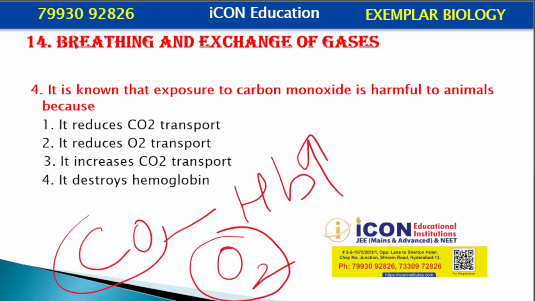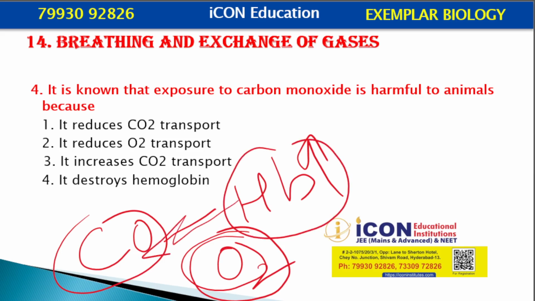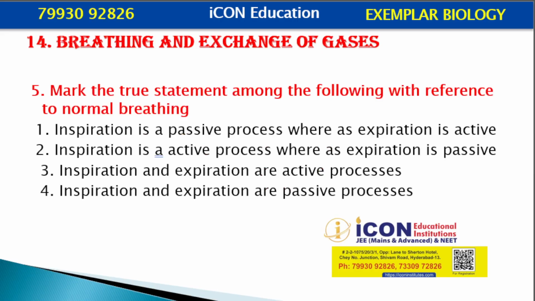That means when carbon monoxide and oxygen are in one place, hemoglobin will prefer carbon monoxide. So when carbon monoxide increases, that definitely affects oxygen transport. It reduces oxygen transport.